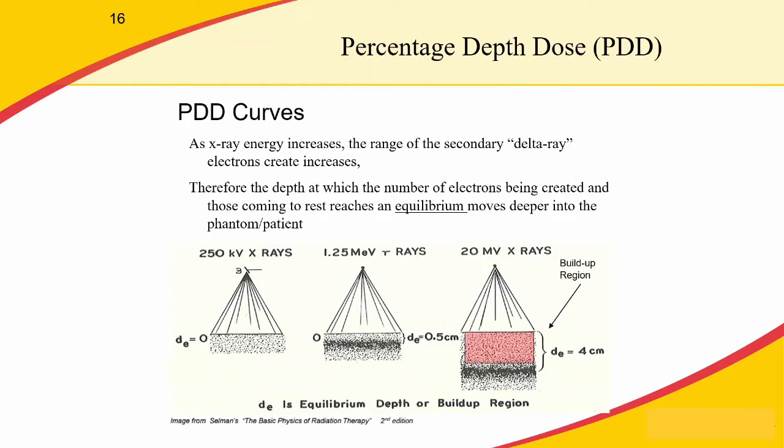So you get this point deeper where you have a maximum number of electrons. And then as you go to 20 MV X-rays, that point where the maximum number of electrons is, right around your equilibrium, is moved even deeper into the patient. And you can see from this red rectangle here, that's what we would define as the buildup region of our PDD curve.